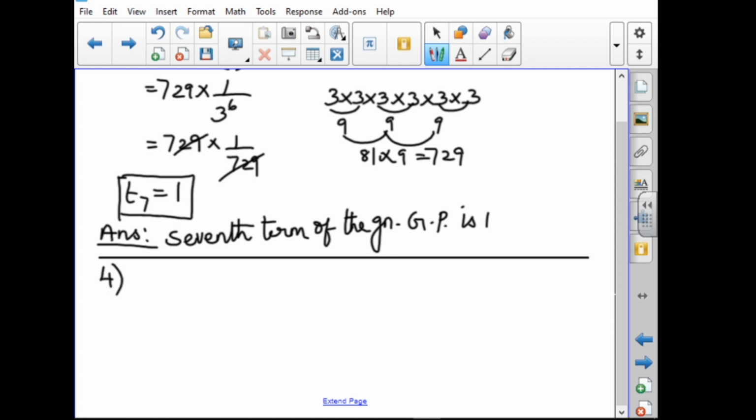Find x so that x plus 6, x plus 12, x plus 15 are consecutive terms of the GP. So given the consecutive terms of the GP are x plus 6, x plus 12, x plus 15. To find x.